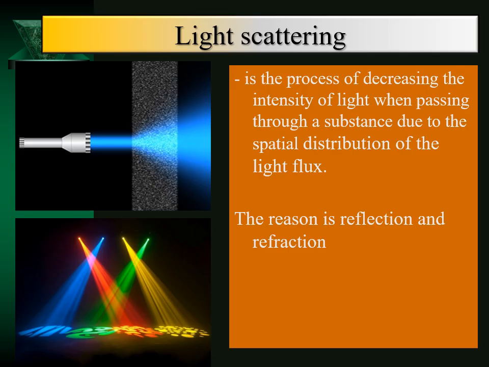Here the intensity of this light should certainly be weaker. Well, here is another drawing as an example. It can be seen here that the process of light scattering is accompanied by a decrease in light intensity.